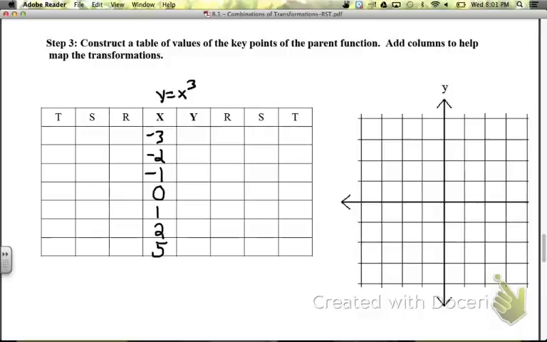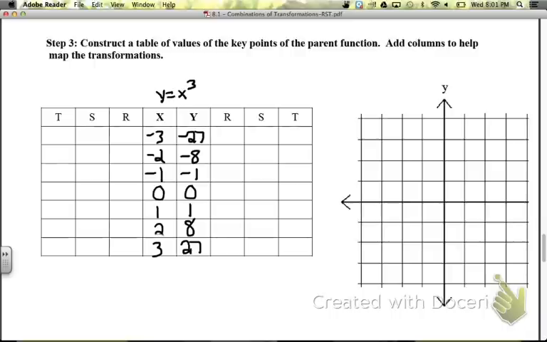Now we sub in -3, -3 cubed would give us -27, and we do the same thing with -2, giving us -8, and so on. So -1, 0, 1, 8, 27. Sorry, that should be a 3, not a 5. I don't know why I wrote that. Sorry about that.